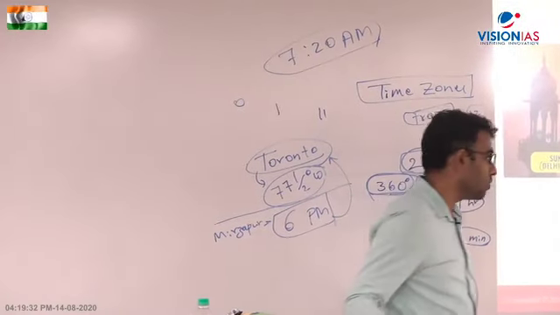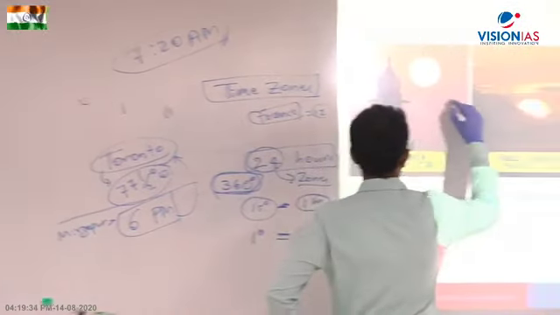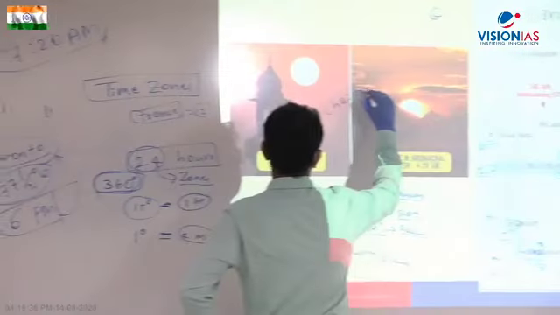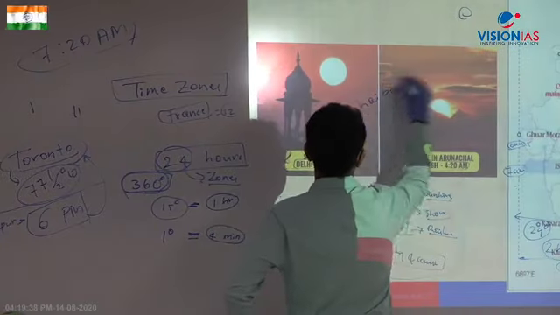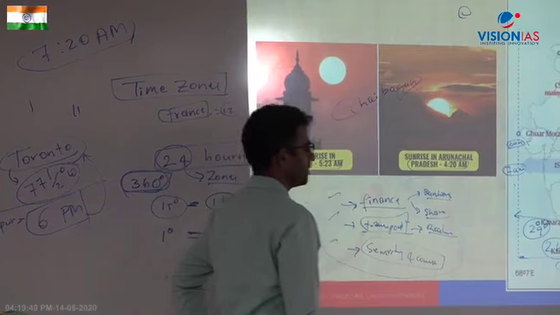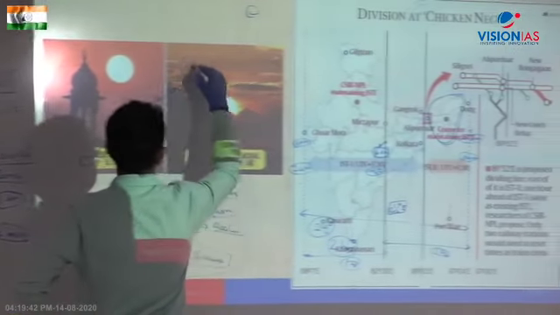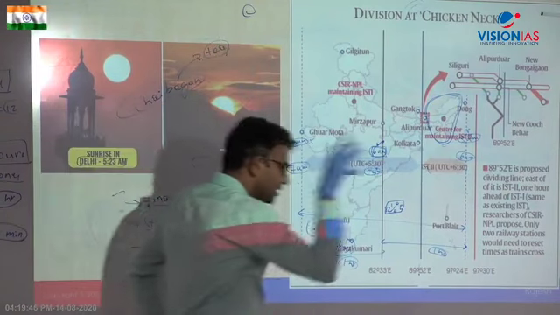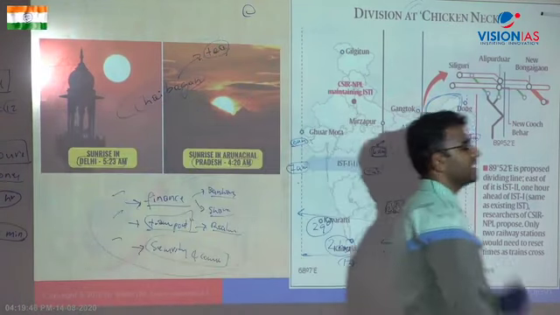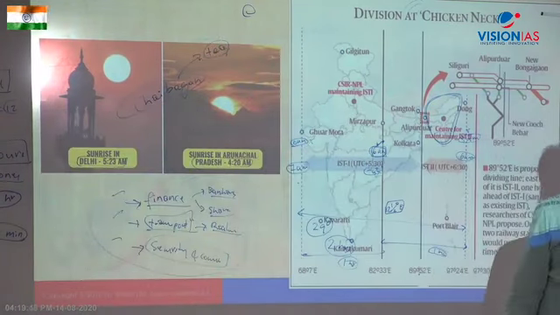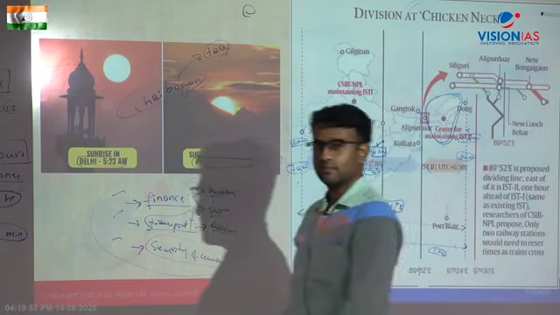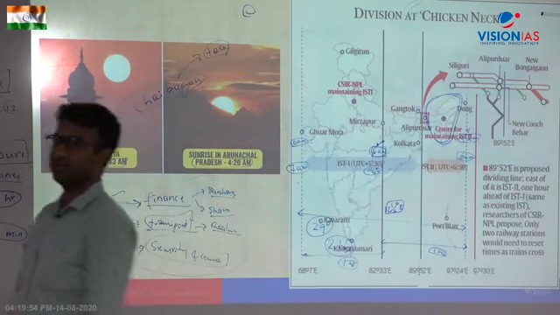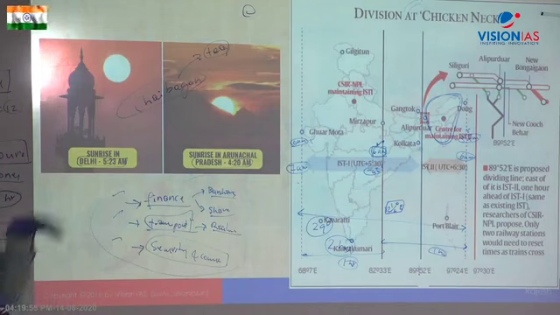But there is a local time called Chai Bagan. What is Chai Bagan? In some of the tea gardens of Assam, in those local areas only, they follow a separate time locally. They have been following it since the time of the British. So they follow it only in those tea gardens.